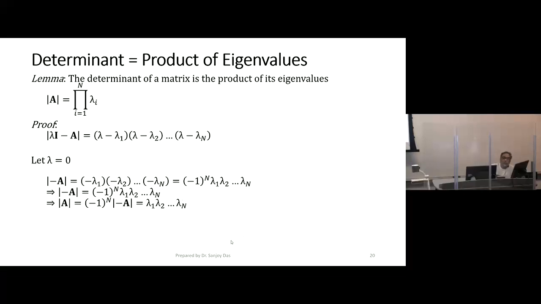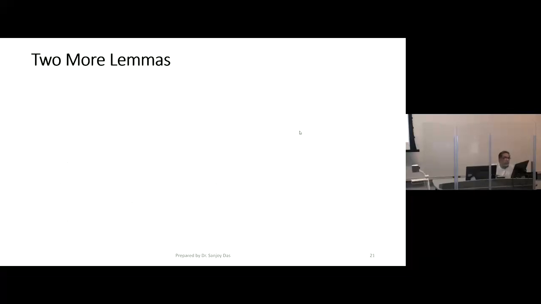So it's equal to lambda 1, lambda 2, dot dot dot lambda n. So we just proved this. Now, we'll shortly see what is the condition for the eigenvectors to be orthogonal.